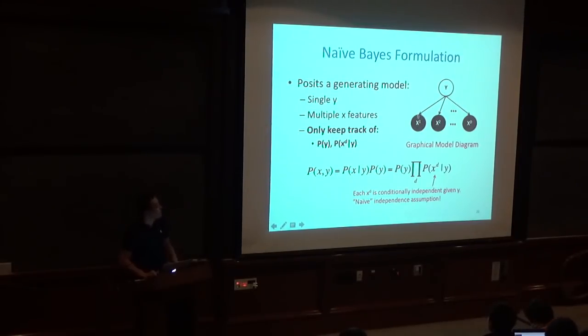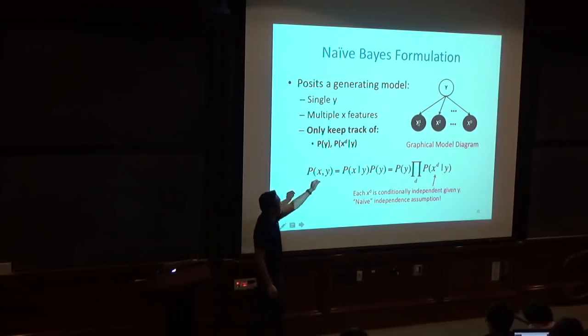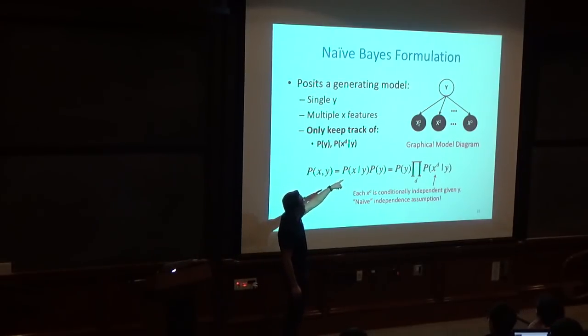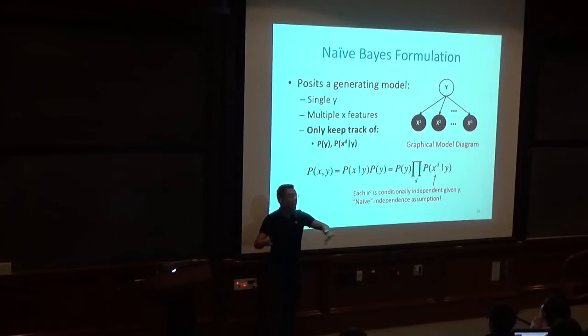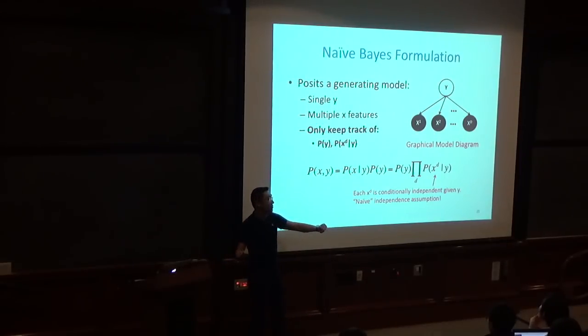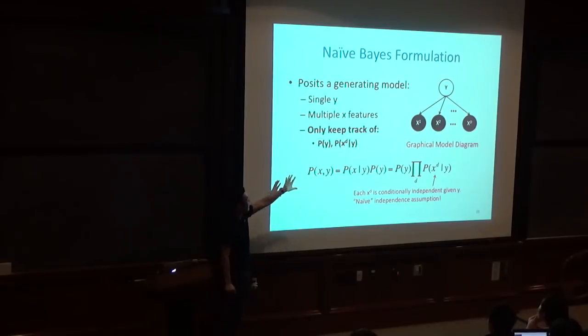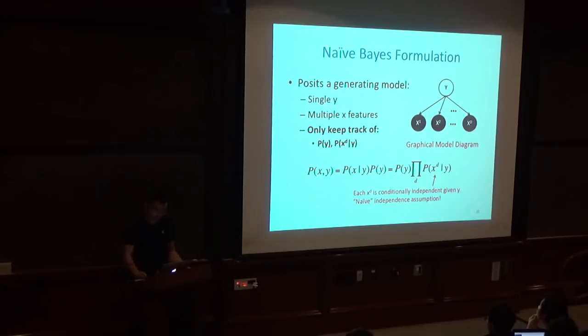And what the arrows further indicate is that if you condition on all the parents of a node, let's say x1, then x1 is conditionally independent of everything else in this graphical model. So people often use these graphical model representations to quickly reason about conditional independence assumptions. So this is naive Bayes. We make a quote-unquote naive assumption that each x_i, or x_d, is conditionally independent given y.